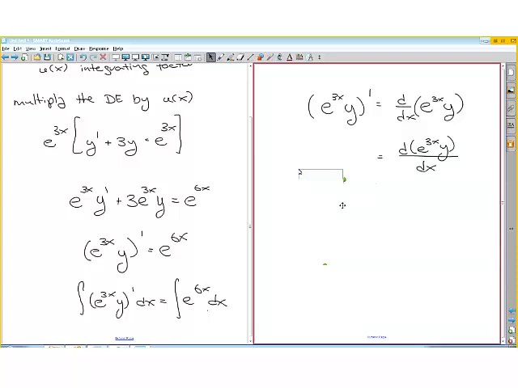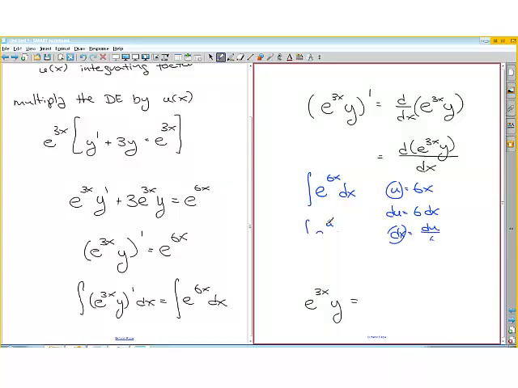The answer is going to be 1/6 e to the 6x, but if you didn't know that, what we would do is we would say u is equal to 6x. So that'll make this into e to the u. And then we calculate du, which would give us 6 dx, or dx is equal to du divided by 6. So I'm just solving for dx, and I can make this substitution into there.